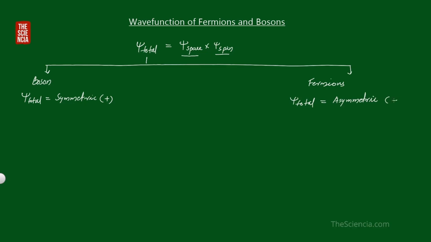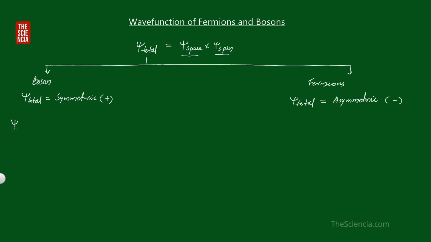That is represented by a minus sign. I will tell you how this minus sign and plus sign differentiate the symmetric and the asymmetric wave function. Okay. So for a boson particle, the total wave function is the space part into the spin part of the wave function.